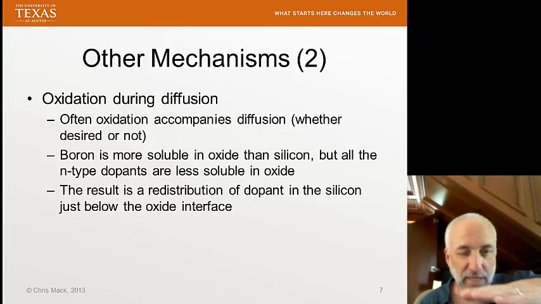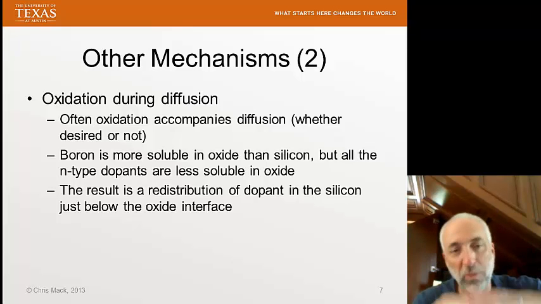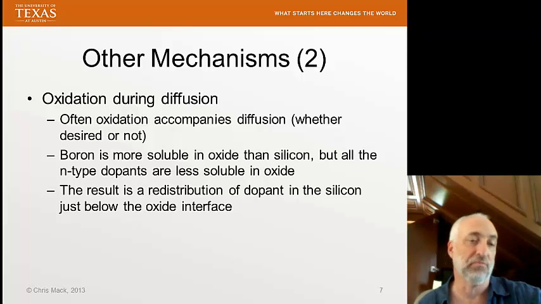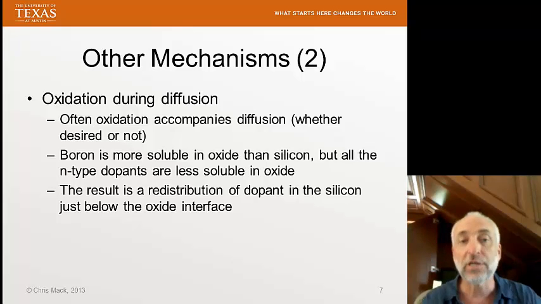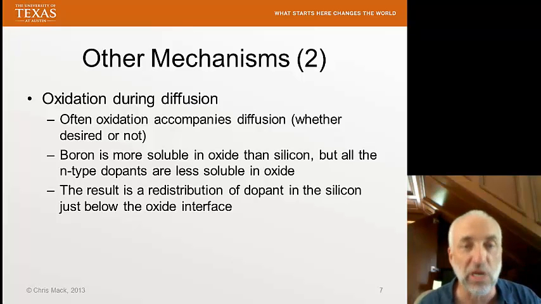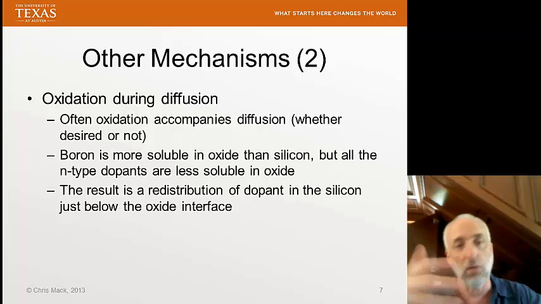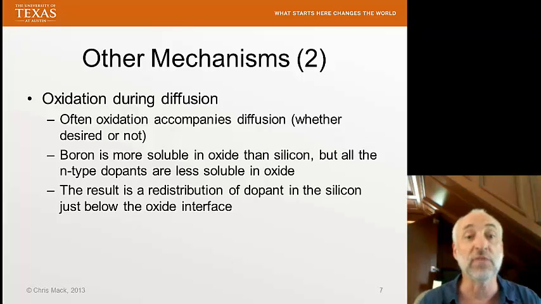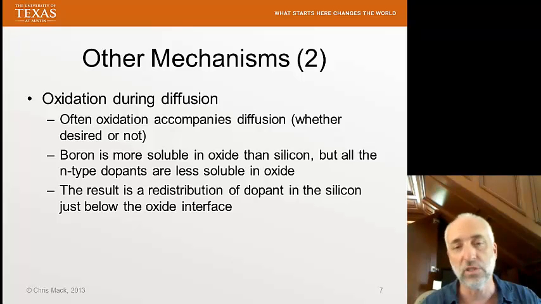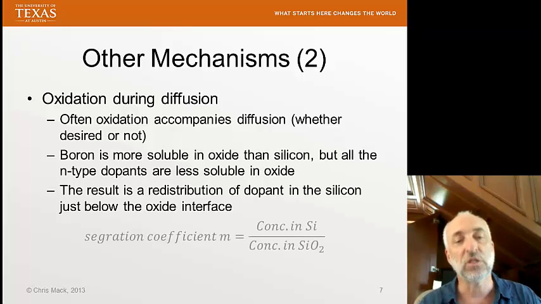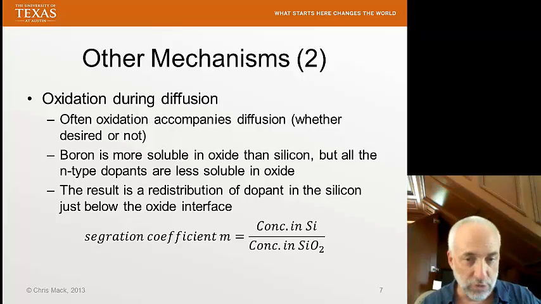As the oxide interface grows down, it's going to push the dopants down into the silicon. And you'll get a layer just below the interface of the silicon and the silicon dioxide that has a higher than normal concentration of dopants. Basically, all the dopants that were in the part of the silicon that's now silicon dioxide have moved down into the silicon wafer itself. We describe the magnitude of this with something called the segregation coefficient.